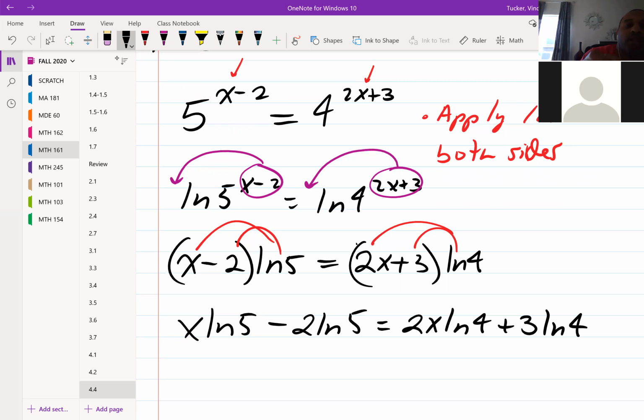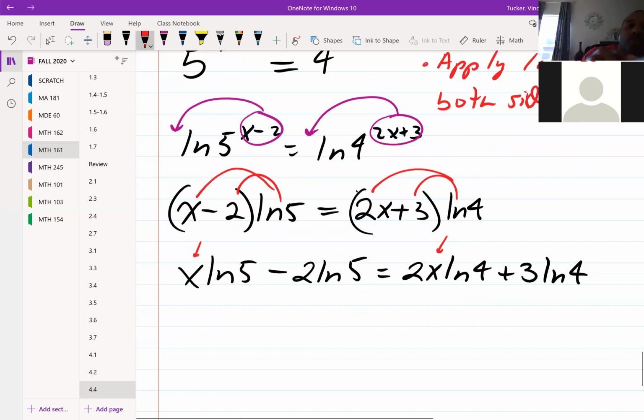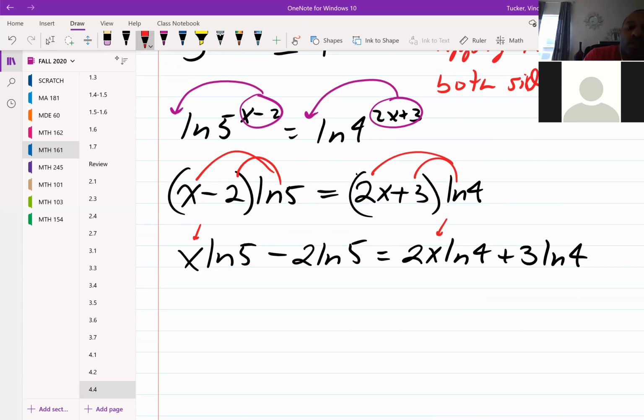All right, so now, once again, we still have x in more than one place, but at least they're out of our exponent form now. So what we need to do is to get all of our terms with x to one side, all of our terms without x to the other. So we can add 2 natural log of 5 to take it over to the other side.